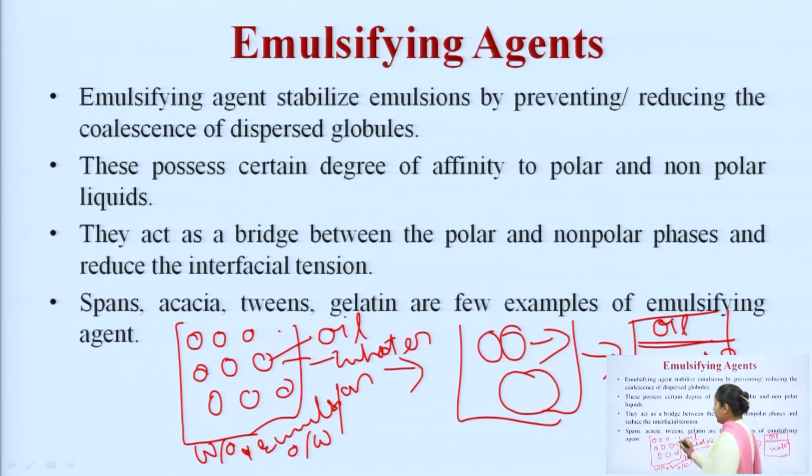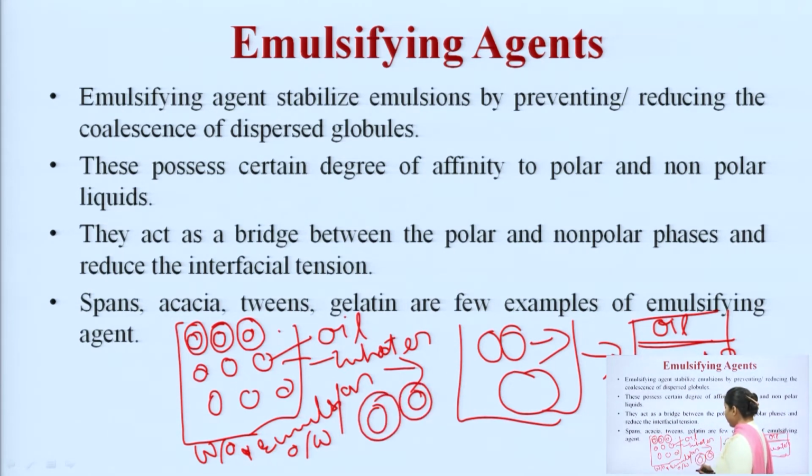What does this emulsifying agent do? They form a protective layer around each globule of the dispersed phase, thereby preventing the two oil globules from colliding with each other. So, they prevent the collision of the two dispersed phase globules. How do they prevent it? They form a bridge between the polar and the non-polar globules.